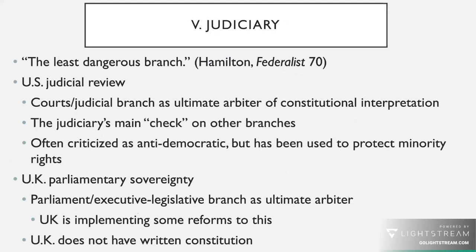In the United Kingdom, the judicial branch is much weaker, because it's generally understood that Parliament is the ultimate arbiter of the British Constitution. The British Constitution is not written, although some of it is, but as a whole, it's just a vast collection of precedents and customs and principles. So the British law is very different from Roman law.